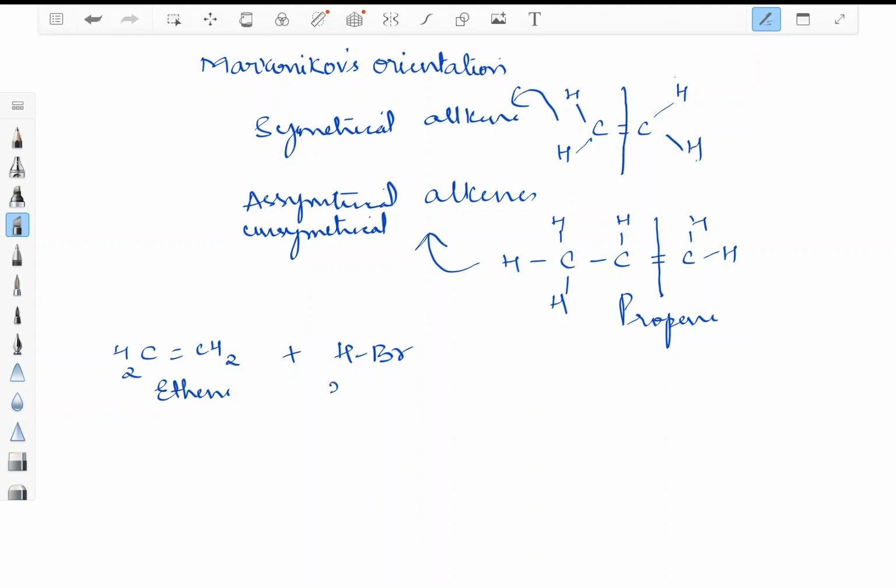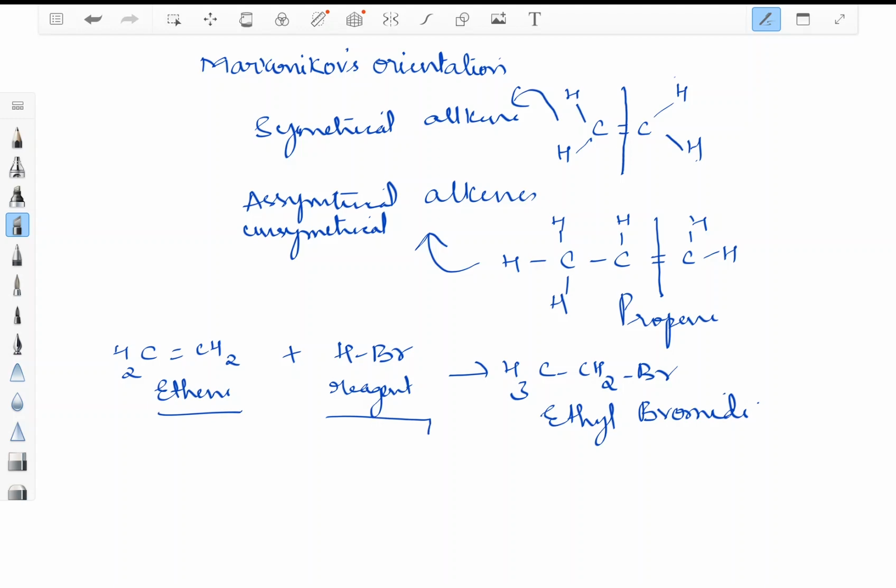This is your reagent. It will give you CH3 CH2 Br. The name of this compound is ethyl bromide. I'm just writing the reaction here. Ethene or ethylene reacts with hydrogen bromide, a reagent, which gives ethyl bromide.